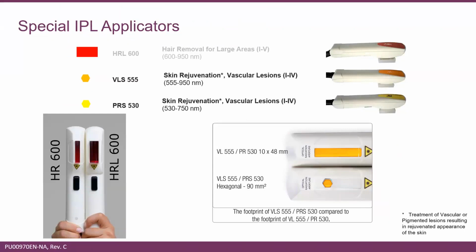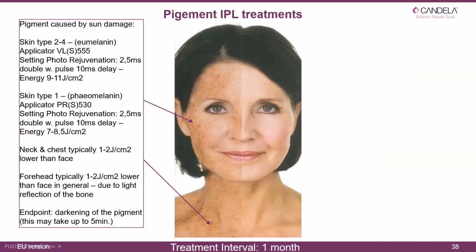This is very useful if you're treating small, very specific pigmented lesions. So rather than using the large applicator and covering a large area of the tissue, we can focus in on more specific, smaller lesions with the S handpieces.